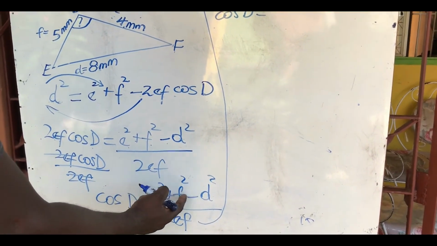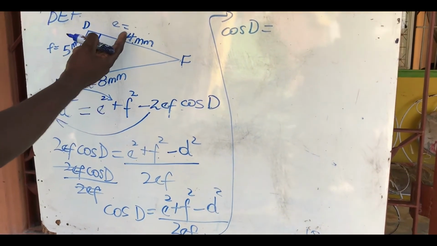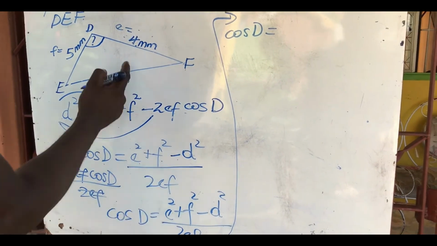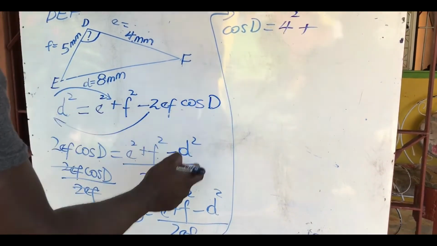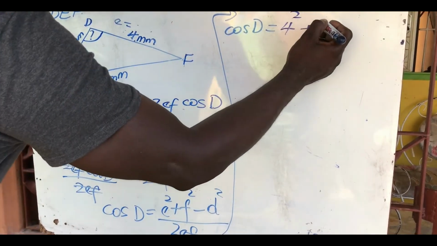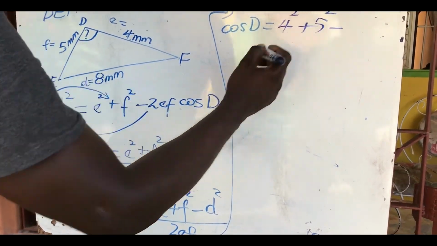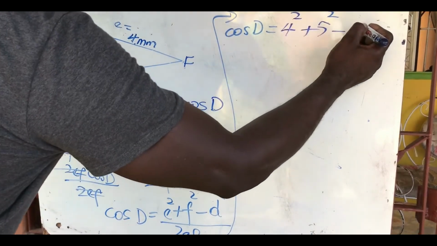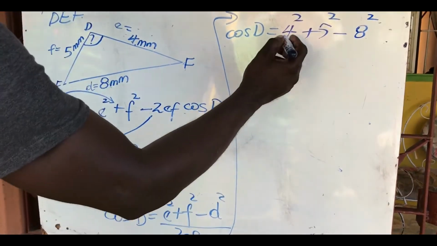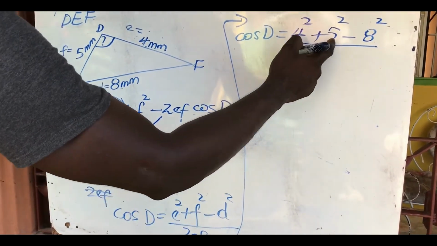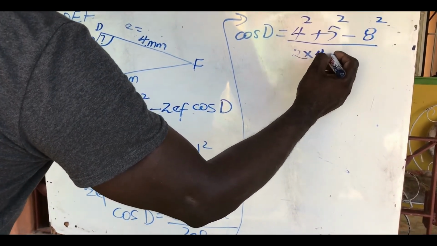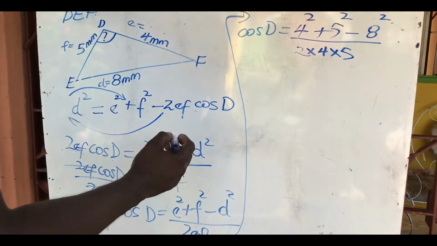Where I see E, F, and D, I basically put in these values. So E is 4, so it is 4 squared, plus F is 5, so it's 5 squared, minus D is actually 8 squared, all over 2 times E times F, which is 2 times 4 times 5.